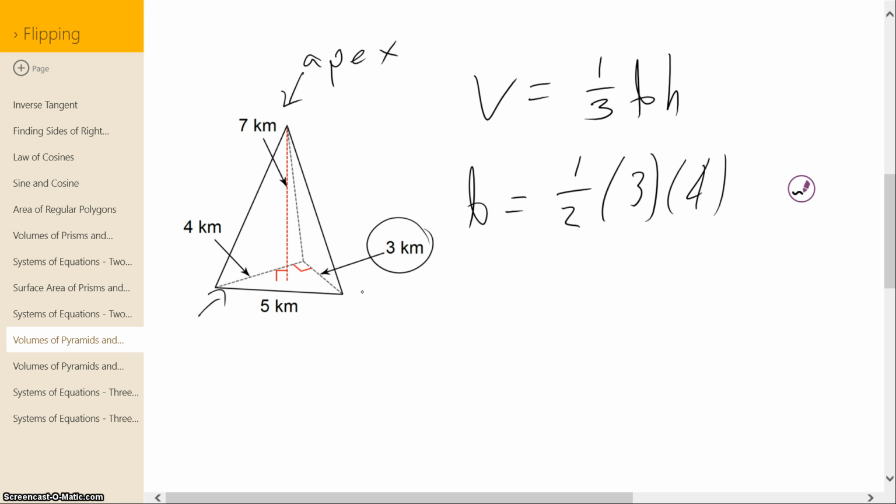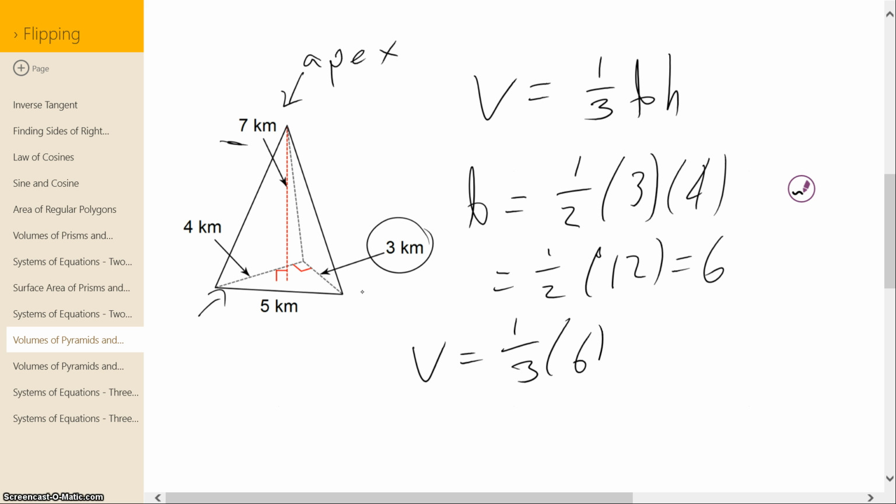This is our third dimension here. This 7 is our third dimension. We're not there yet. Okay. 1/2 base times height. Well, 3 times 4 is just 12, and 1/2 of that happens to be 6. Okay, so we go back to our volume formula. The 1/3 remains. The base we just determined to be 6, and the height for the whole thing is this 7.